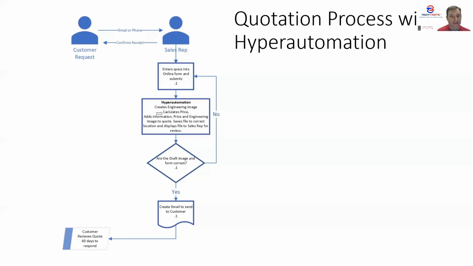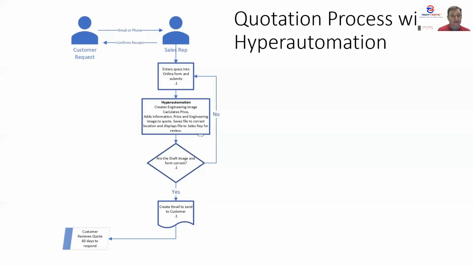It's going to calculate the price for them. We're going to add the price and the engineering image to the quotes, save the files to the correct location, and display the file to the sales rep for review. So the sales rep doesn't even have to reopen it. It just shows it right there for them, so that they can see it right away.